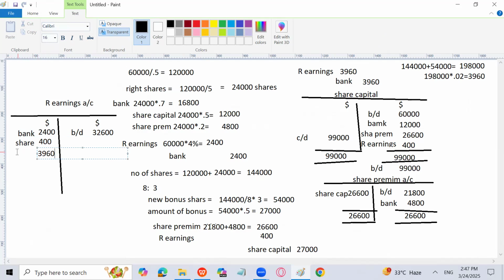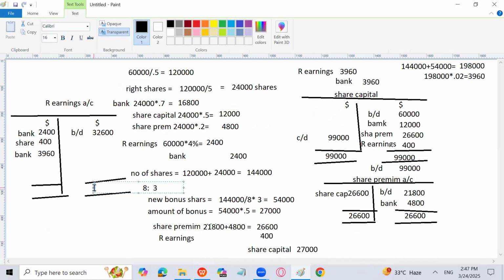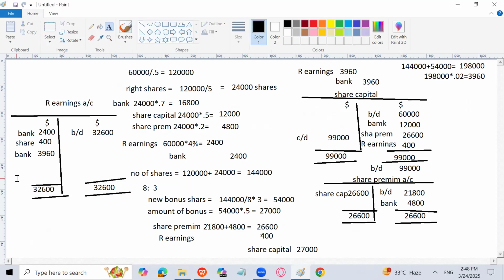So I will write, you can write interim dividend also here, and otherwise you can write bank. Now I will go for the total of the credit side, and I will write the amount as balance carried down. So the total will remain the same because the credit side is heavier, 32,600. I will write here also 32,600, and here I'm going to write the carried down balance.